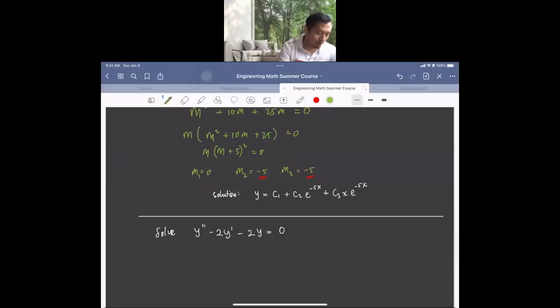Again, in this case, we can use the auxiliary equation to analyze. So m squared minus 2m minus 1.